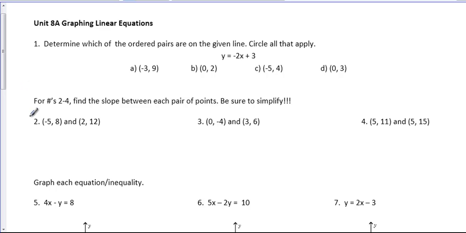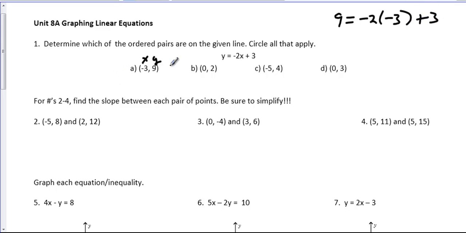This should look very similar because we did this in the last unit of the year, Unit 11, with systems of equations, and it's basically the same thing. We take our x value and our y value in a given point, we plug it in and see if it works. So 9 equals negative 2 times negative 3 plus 3.